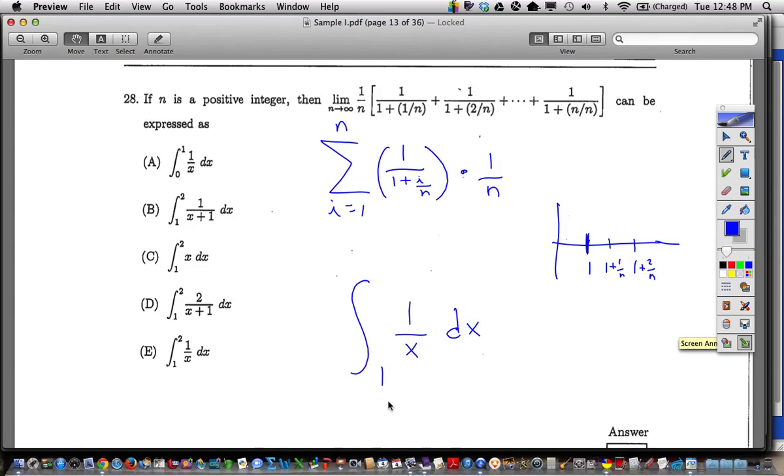That tells me my left edge has to be 1. And then my right edge, if I got 1 over n times n, that's a total width of 1, right? So this has to go from 1 over here to 2. So this has got to be from 1 to 2. Well, it turns out that that one is there, okay? But, you know, it could have been one of those shifted situations, but that is the one.